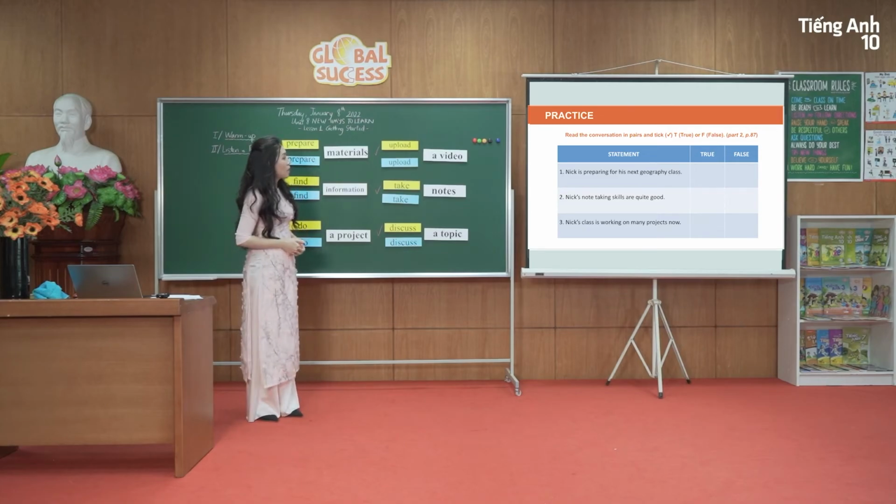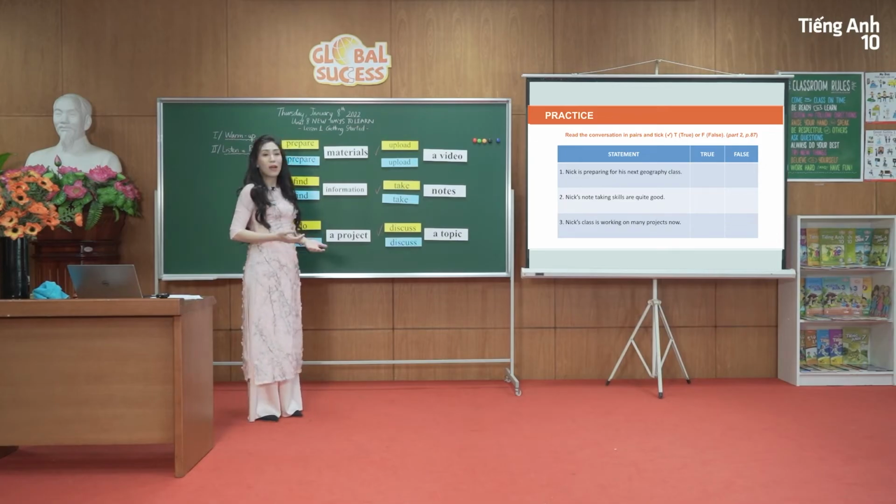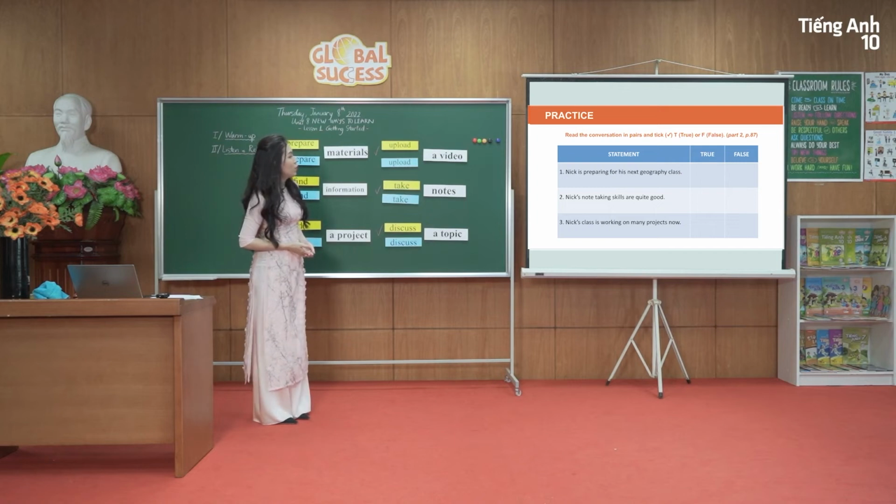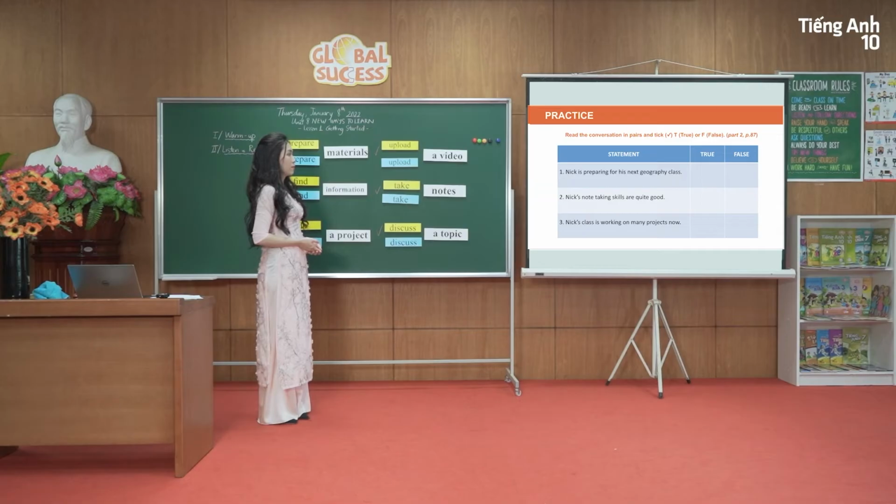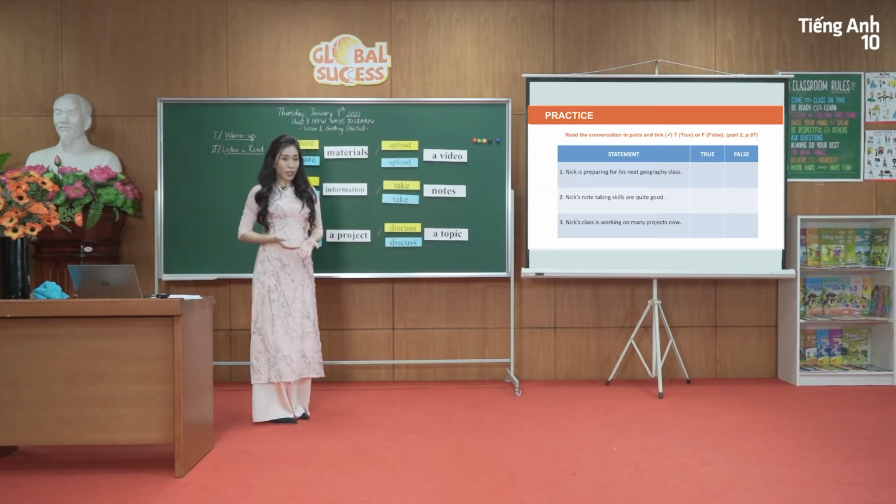Correct. So step 1 is to find the keywords, for example, nouns, verbs, or adjectives in the statement. What about step 2? Yes, step 2 is to find similar words in the text. And the next step would be, good job.